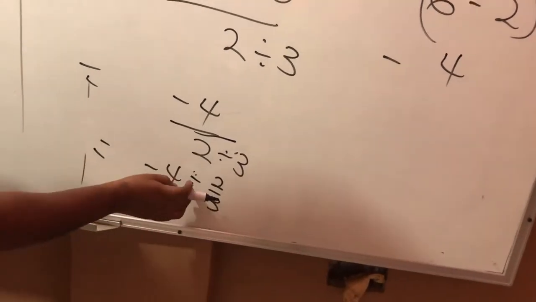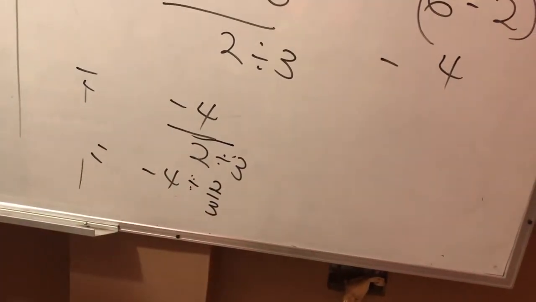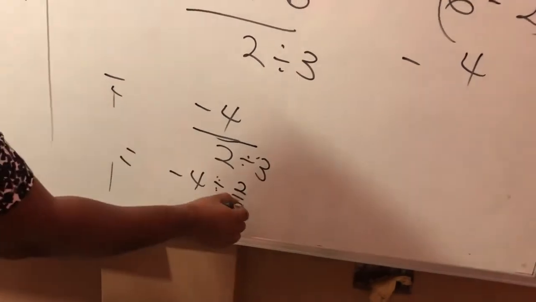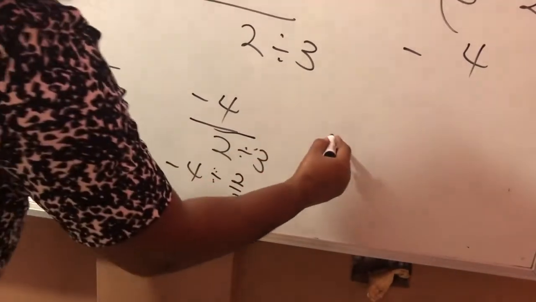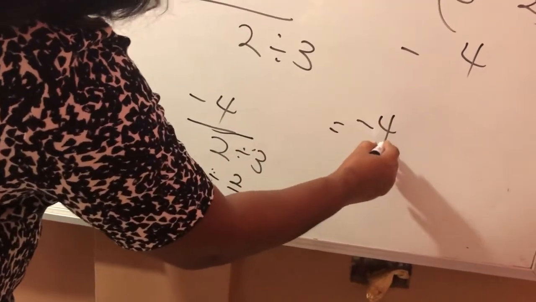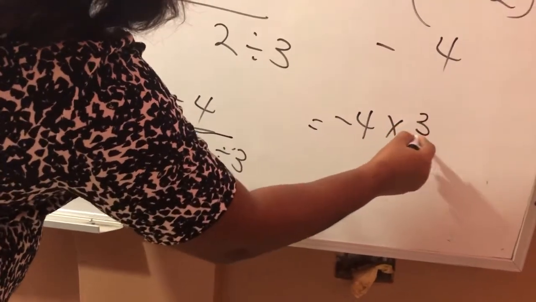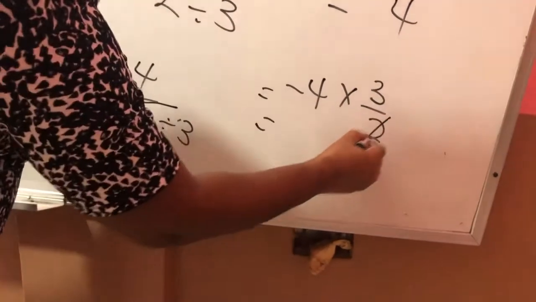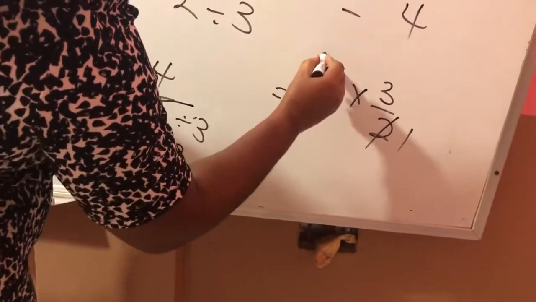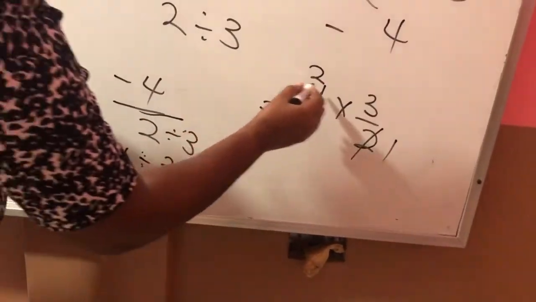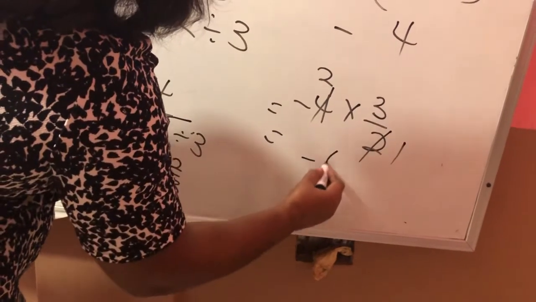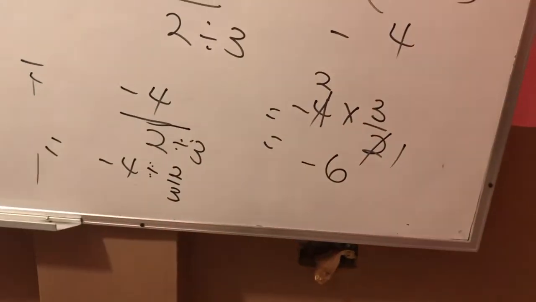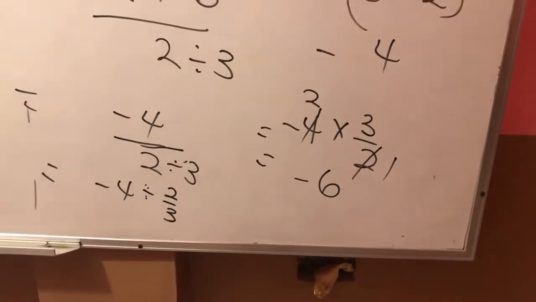Now we cannot work with a division sign. We have to reciprocate, and when we reciprocate, it becomes multiplication. So we have here minus 4 times 3 all over 2. So 2 goes into itself 1, goes here minus 2. So you have minus 2 times 3. Your answer is a minus 6.